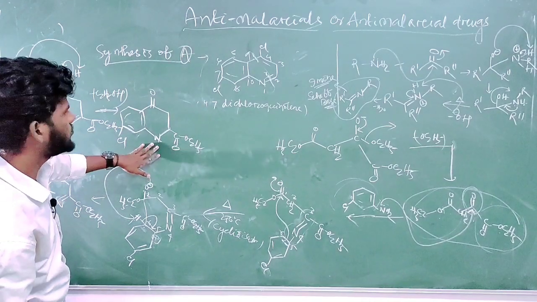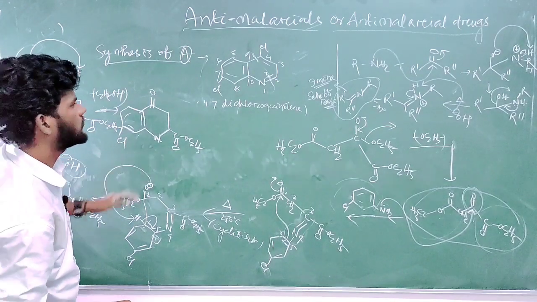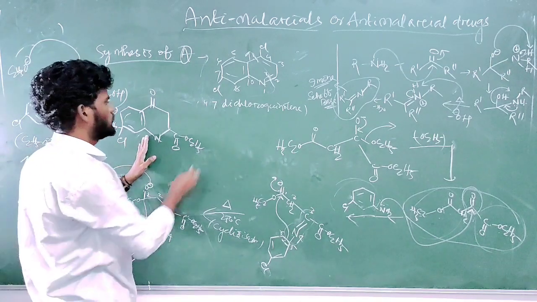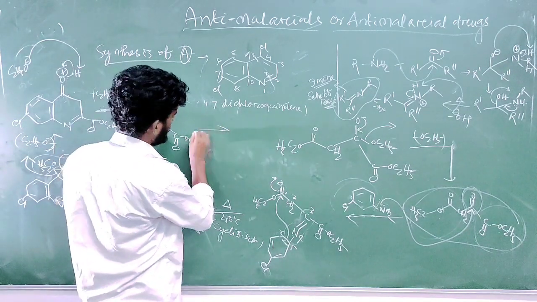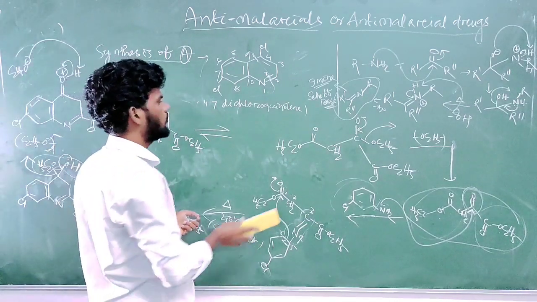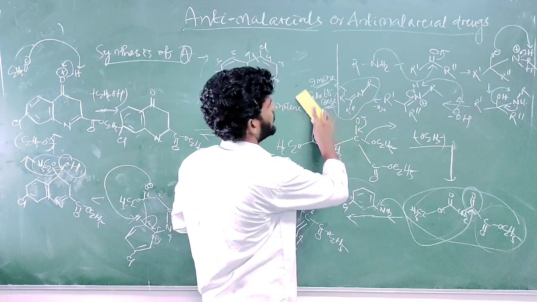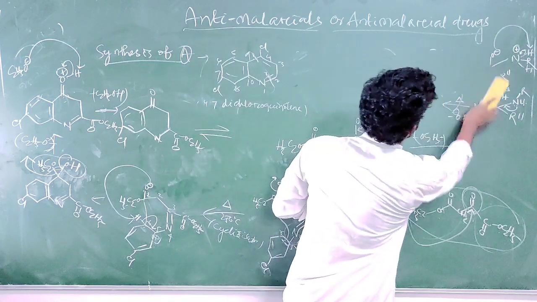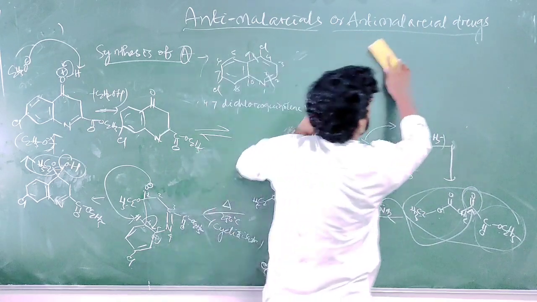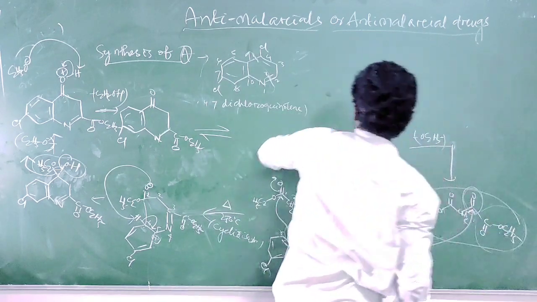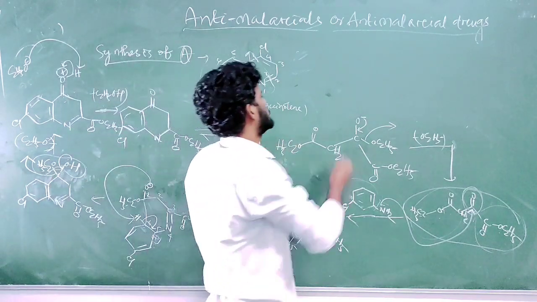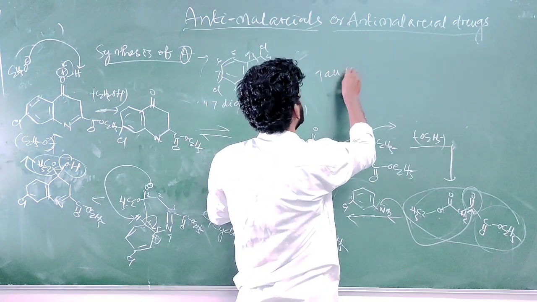So up to this, after that what will happen? All of you know keto-enol tautomerization. Okay, there is a tautomerization. What do you mean by tautomerization? Movement of an atom or movement of negative charge.